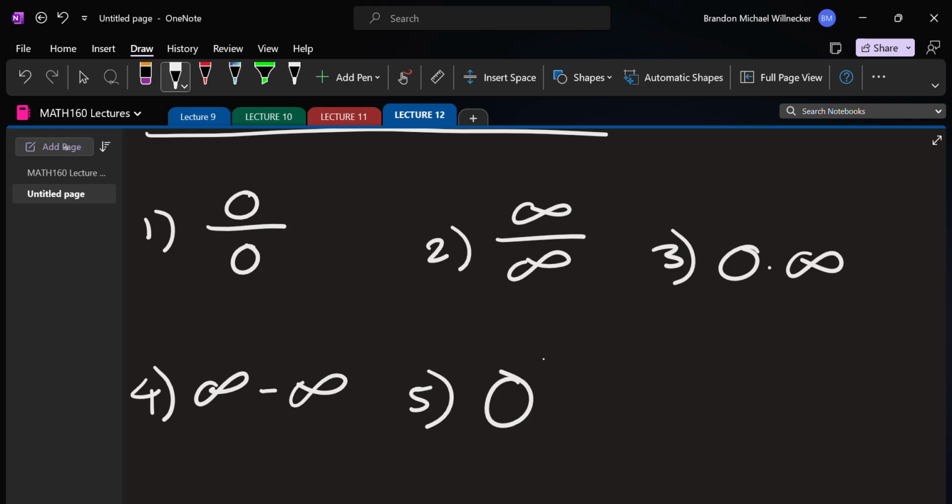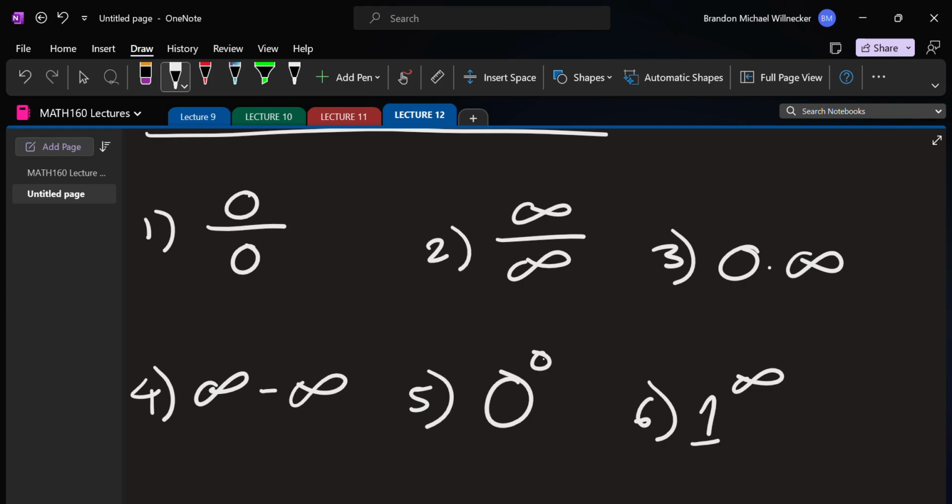Number 5, 0 to the 0. Okay, this is also an indeterminate form. Just looking at this, we can't give it a value. Is it 0? Is it 1? You can't tell. And we'll see examples on this as well. Number 6, 1 to the infinity. Okay, we'll see things like this. And when we say 1, we're referring to the limit.